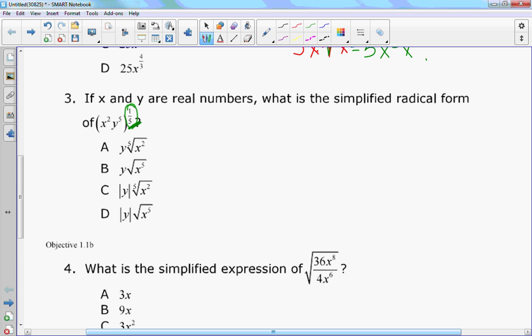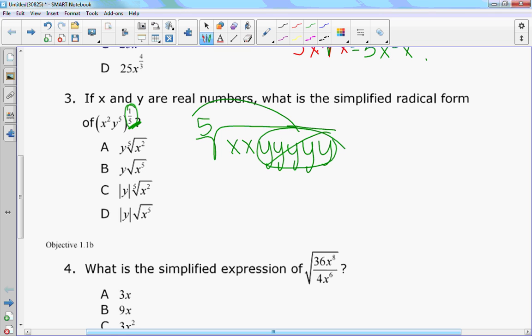So it's not a square root, it's a 5th root. And then I expand. How many x's are there? How many y's? What does the 5th root mean? Groups of 5, and that only happens for the y's. So I pull out the y, and I still have the 5th root of x squared. Oh, I think that's one of our answers.